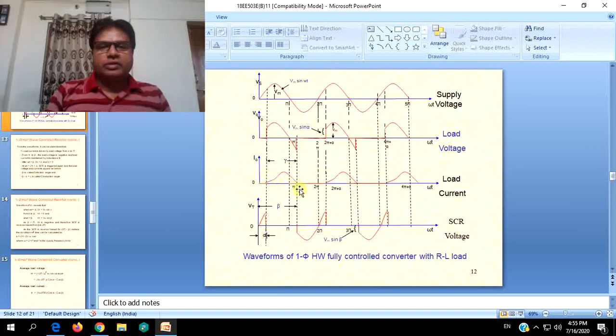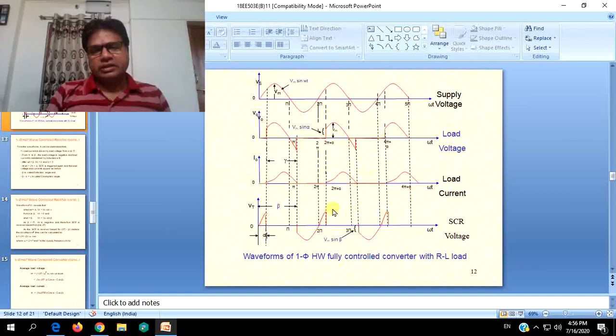Once it becomes zero, from beta to 2 pi plus alpha, both load current and load voltage will be zero. Then at 2 pi plus alpha, when the gate signal is applied, the SCR turns on in the next positive half cycle. Thus the cycle continues and the current follows the load voltage.